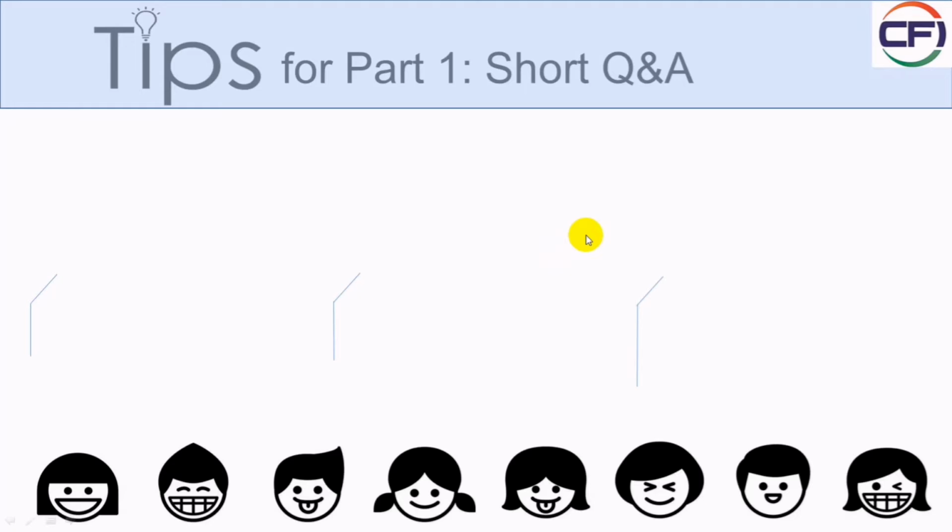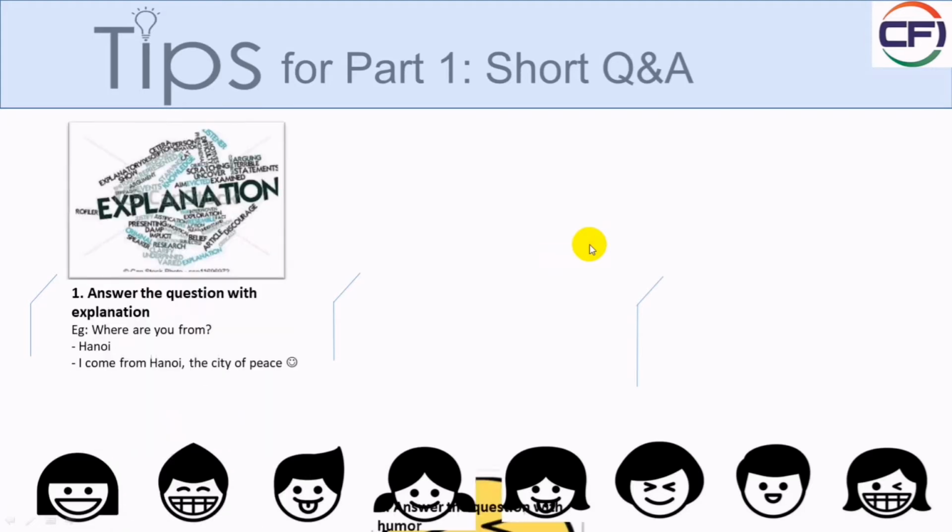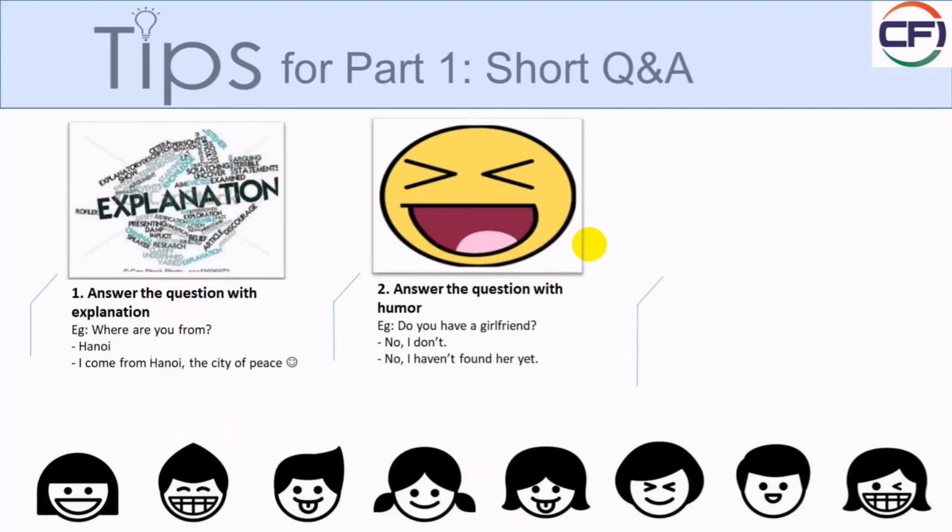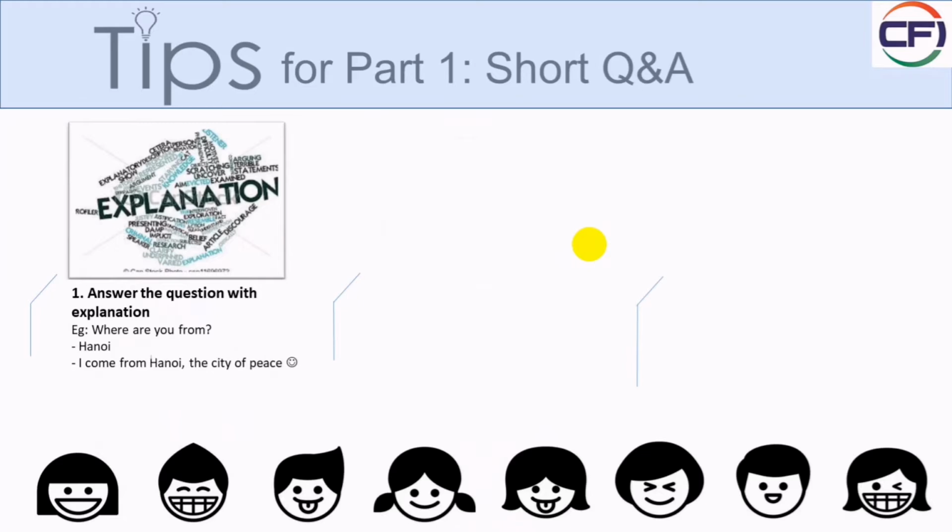Here are some tips for part 1, the short questions and answers between the examiner and the test takers. In this part, the examiner will ask you some questions about yourself, your life, your interests, your hobbies, your personal relationships, for example.